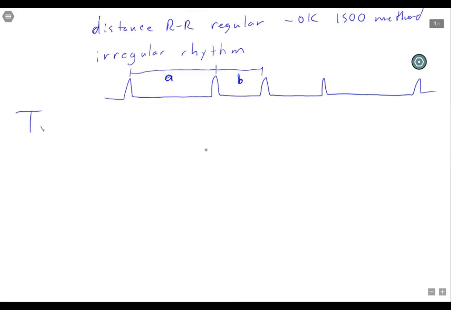So let's take a look at another method. Well, how about this triplet method? So we're going to look at the triplet method. When you do the triplet method, again, we're going to look at the distance between two R waves, or we'll call it an R to R interval, the distance between any two R waves.